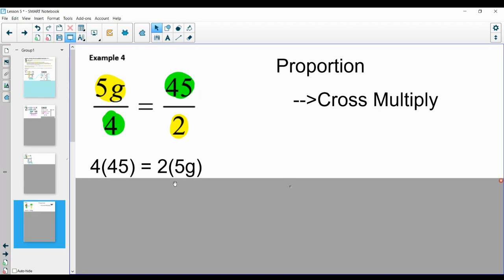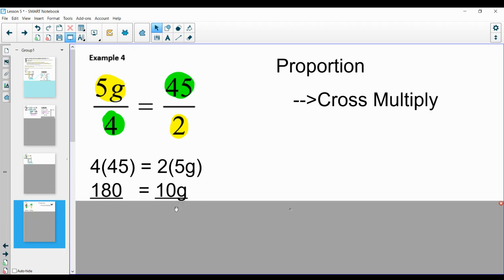Now we got rid of the proportion, we just have a regular algebraic equation. So what do you think I can do? Well, eventually I'm going to want to get g by itself, but let's simplify. What's 4 times 45? What's 2 times 5g? Well, 4 times 45, I go to my calculator, is equal to 180. 2 times 5g is equal to 10g.